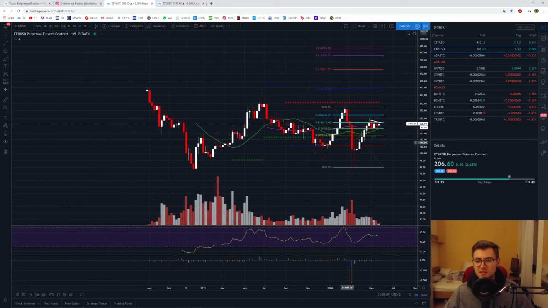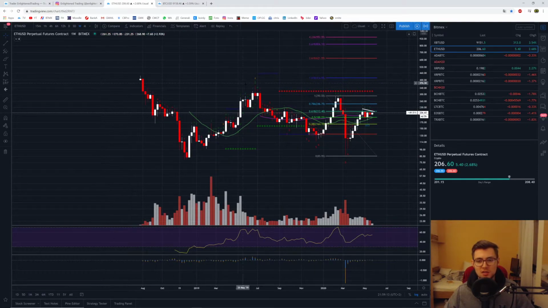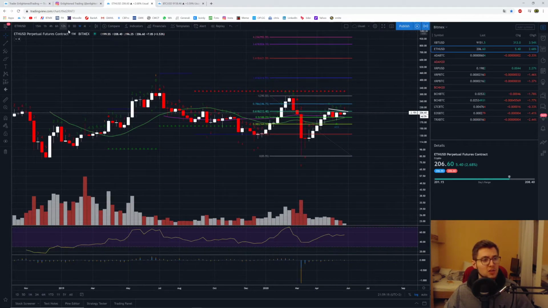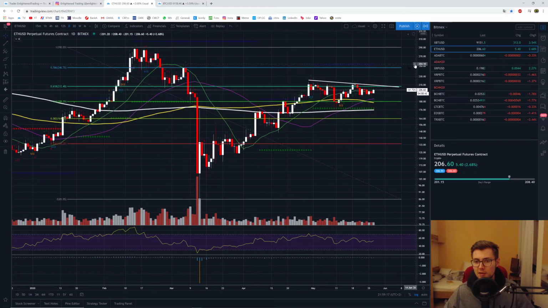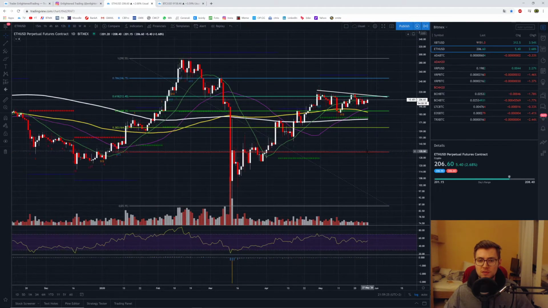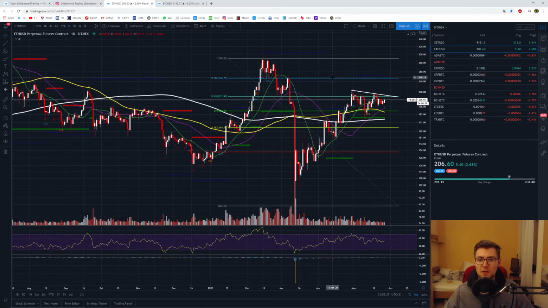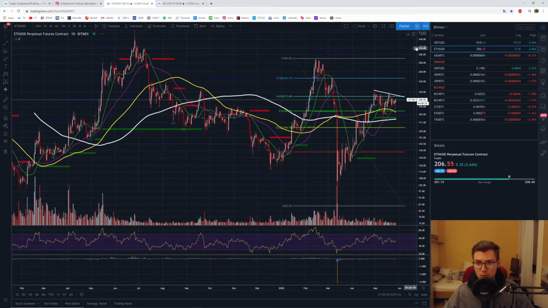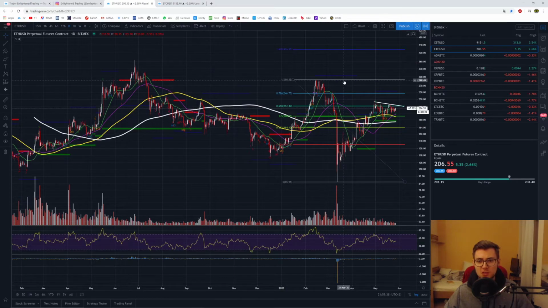But this looks very much like a bull flag, in my opinion, on Ethereum on a daily time frame. And if we challenge around $217 once again, I do think it's pretty likely to break in the near future. So once this happens, I think we will move to $245 very quickly, and most likely even to $290 for the next few targets on Ethereum.